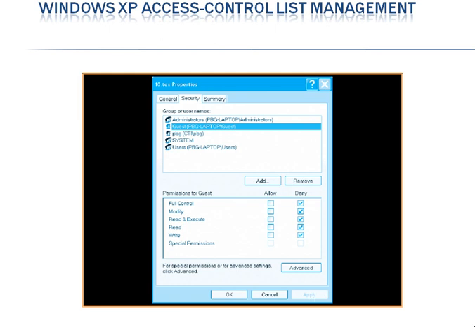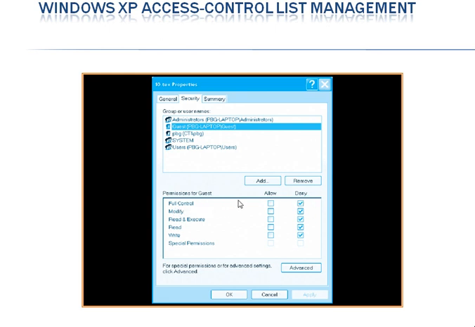Now this figure shows Windows XP access control list management. Here in security you can see guest, and what sort of permissions are given to guest. The checked boxes indicate whether they are allowed or denied.